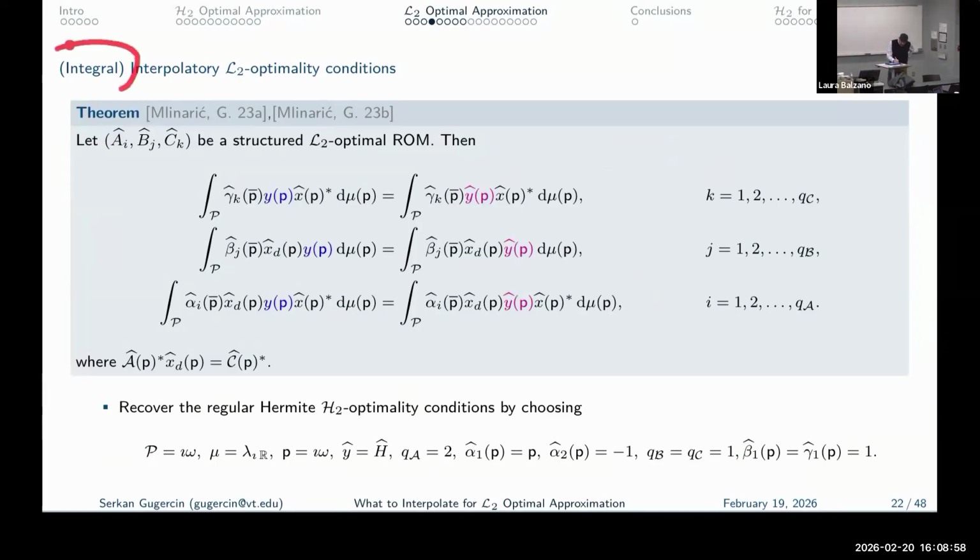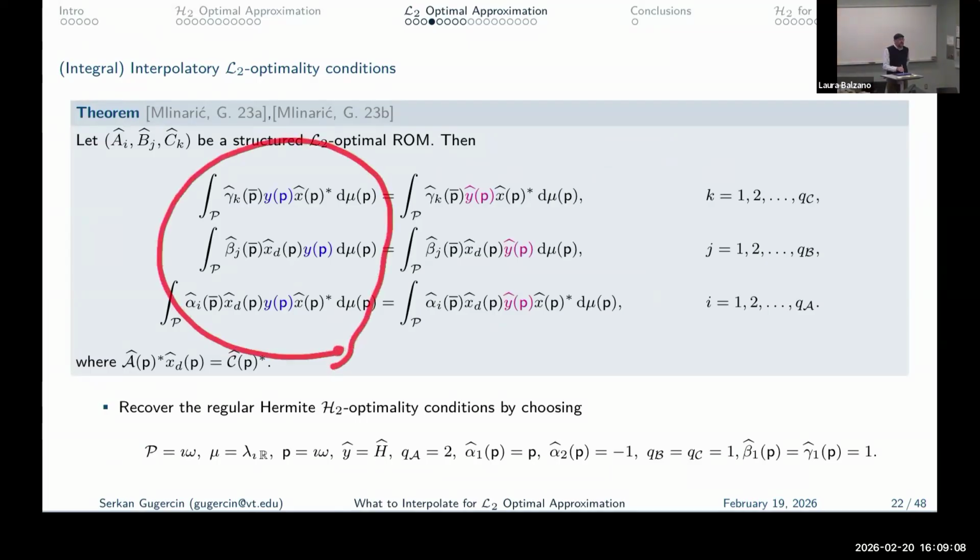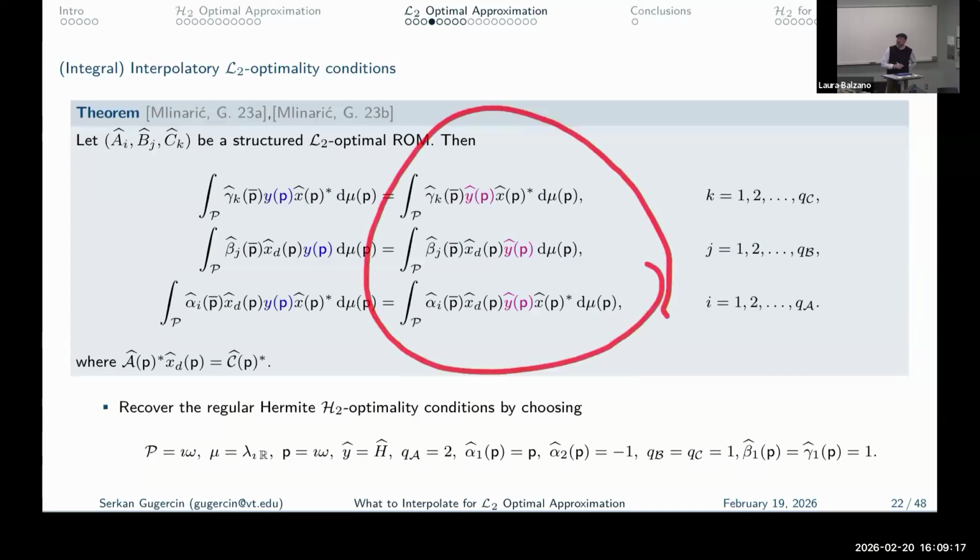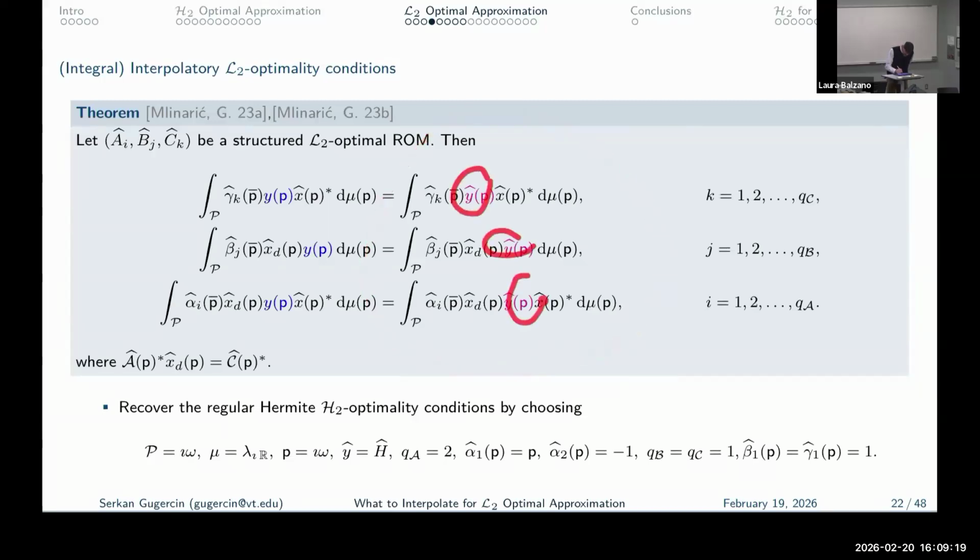I call them integral L2 optimality conditions. It looks very complicated. The main message is these are the quantities you evaluate from the full model. All you need is data. You don't need this state space. Those quantities need to be matched from the reduced model.